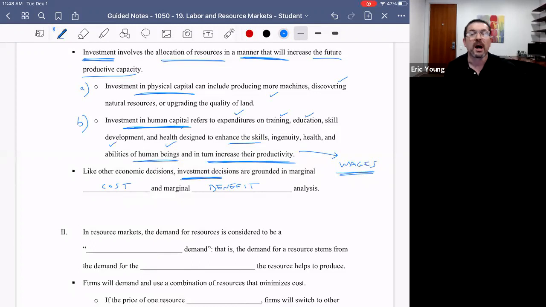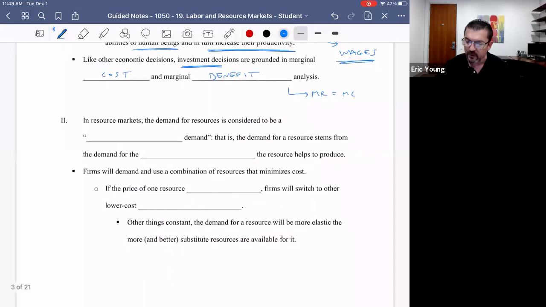And as we learned a while ago when we were doing product markets, that big rule that we learned, the MR equals MC rule, we're going to also return to that rule to help optimize some of our decisions, okay? So that, my friends, is an overview of resource markets.